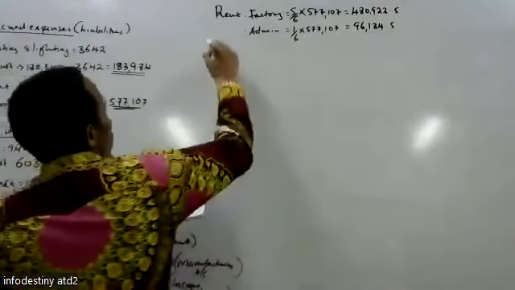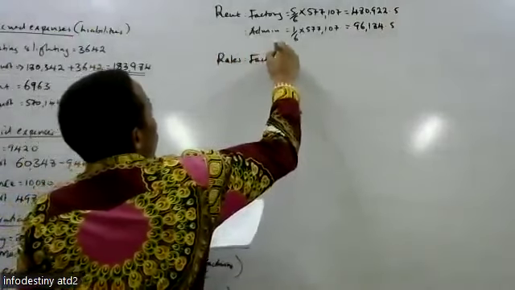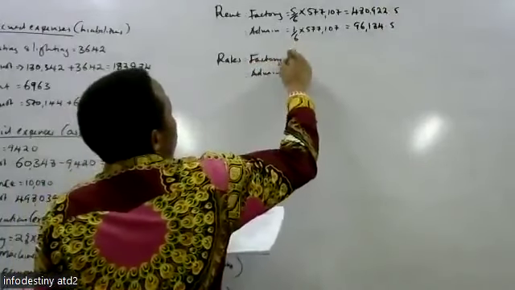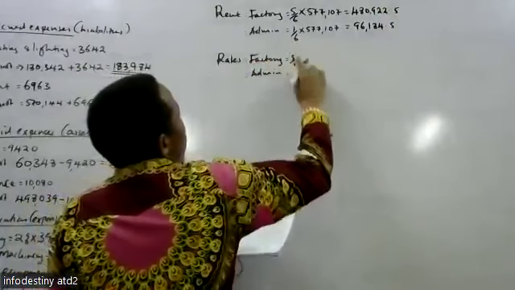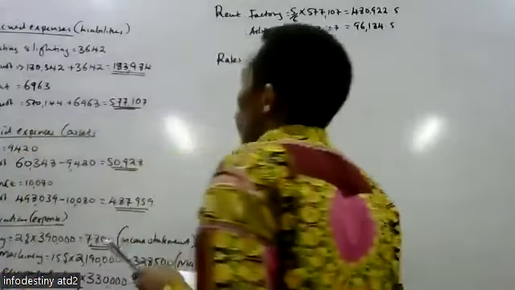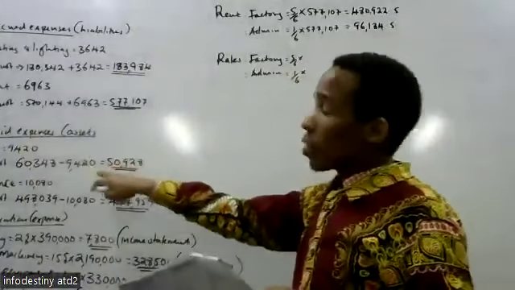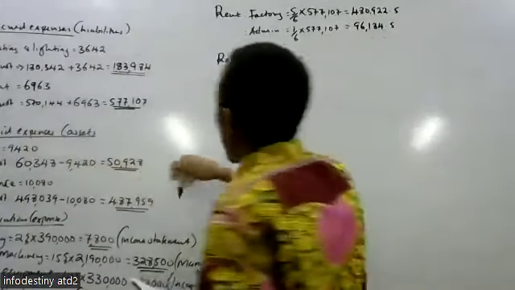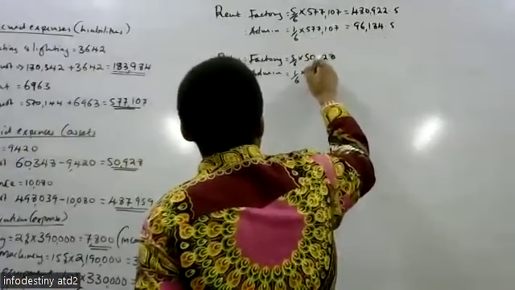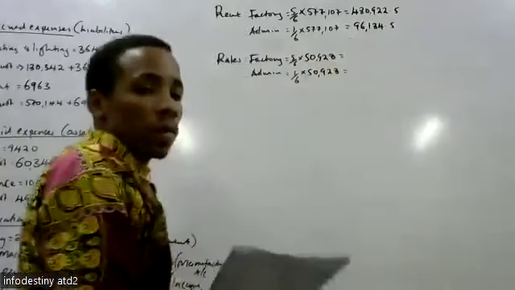Then the second one is rates. So also 5/6 to factory and 1/6 to administration. We also adjusted rates, so we use the adjusted amount of 59.28, and we get 5/6 of that. 5/6 of 59.28.